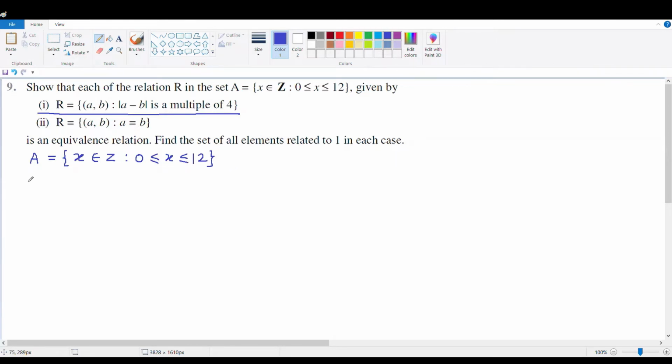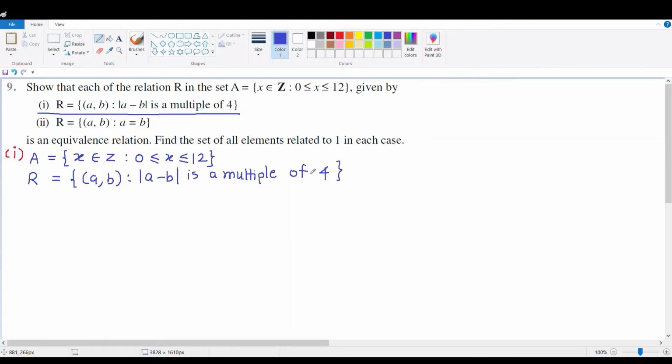Now the relation that you are given in question 1 is (a, b), where mod of a minus b is a multiple of 4.